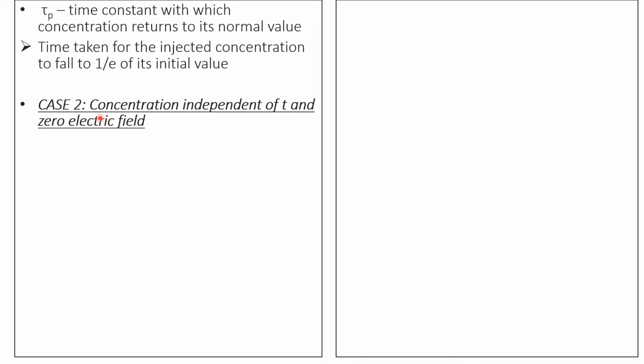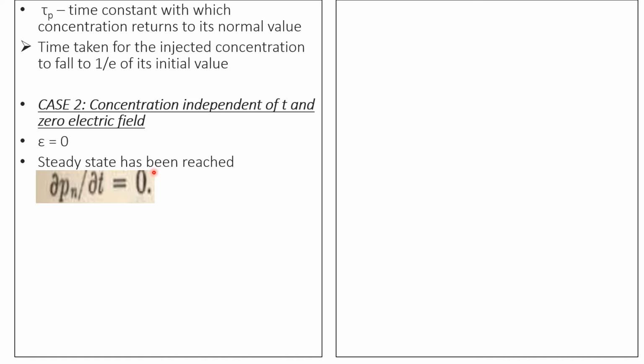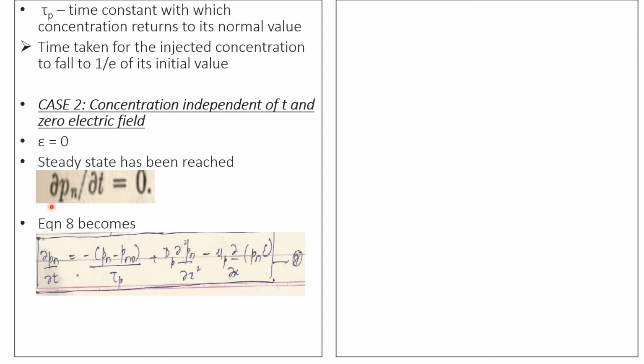Now case 2, where we will consider the concentration is independent of t and with zero electric field. So E is 0. Steady state has been reached. So ∂p_n/∂t is equal to 0. It is, the concentration is independent of time. So equation 8 will become ∂p_n/∂t is 0.